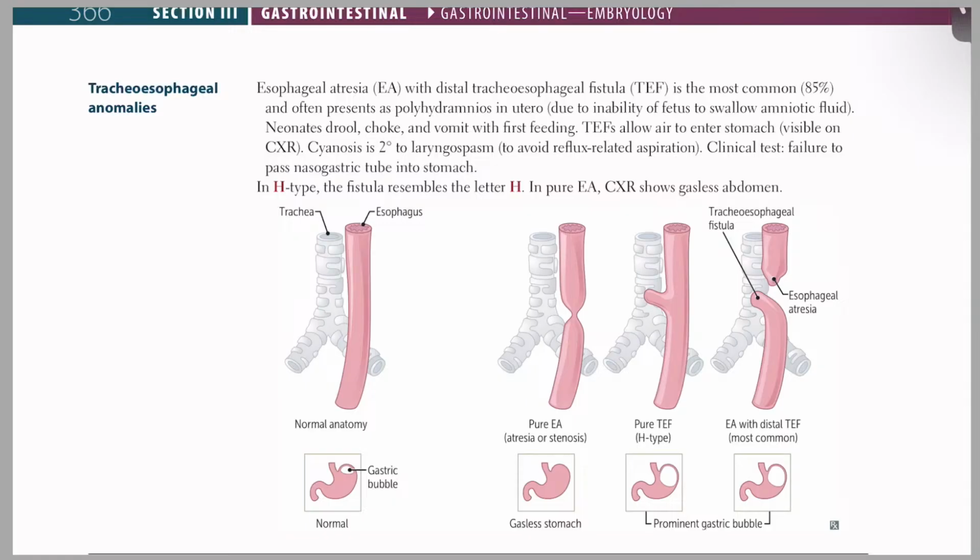Neonate drools, chokes and vomits with first feeding. TEF allows air to enter stomach, visible on chest X-ray. Cyanosis is secondary to laryngospasm, to avoid reflux-related aspiration. Clinical test: failure to pass nasogastric tube into stomach. In H type, the fistula resembles the letter H. In pure EA, CXR shows gasless abdomen.